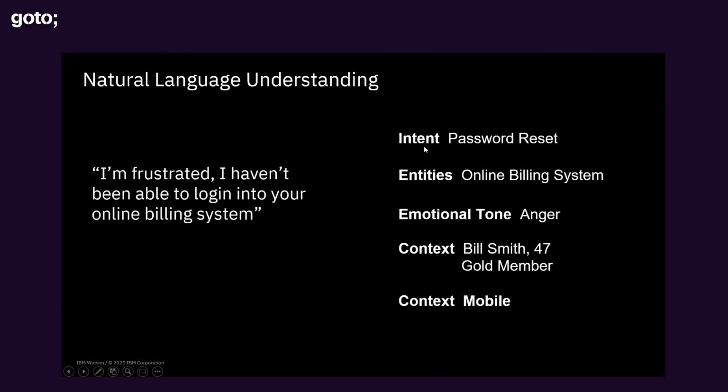The intent here is a password reset. This is what the customer wants. The entity that this is dealing with is the online billing system. And the tone that is interpreted here is anger. And you can see from the context that this is from a mobile app, and this is a gold member. This is Bill Smith, 47 years old.